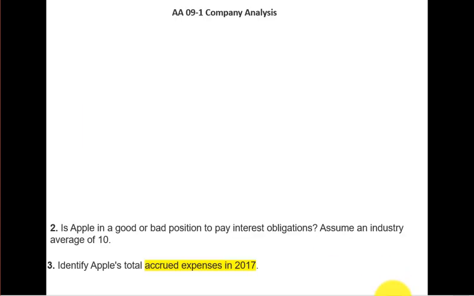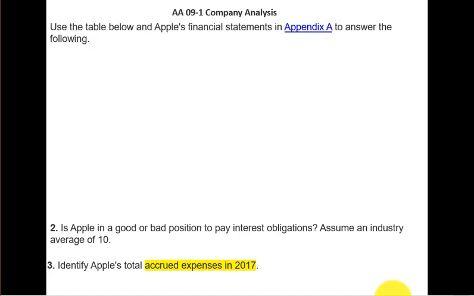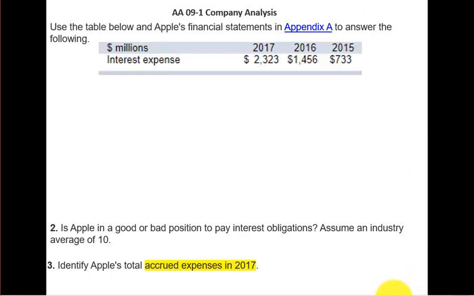Now let's go over here and do a couple things. Here's a company analysis from a problem that you've had in your homework. It says using the table below and Apple's financial statements in Appendix A to answer the following. Here's information from the problem. It gives you the interest expense for 15, 16, and 17.